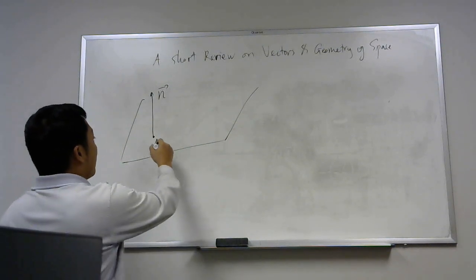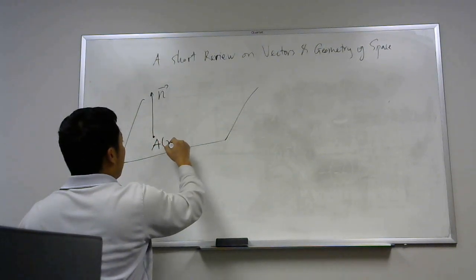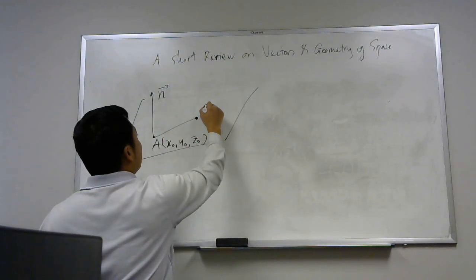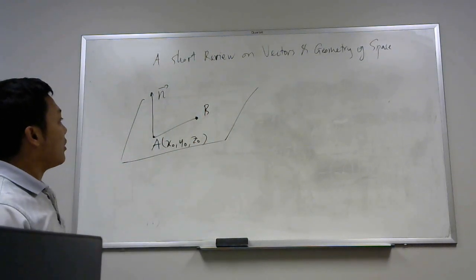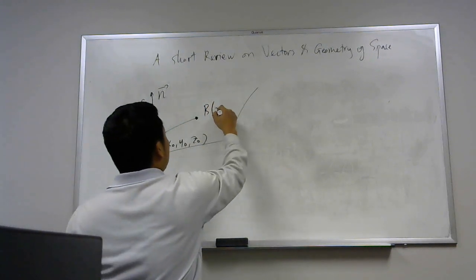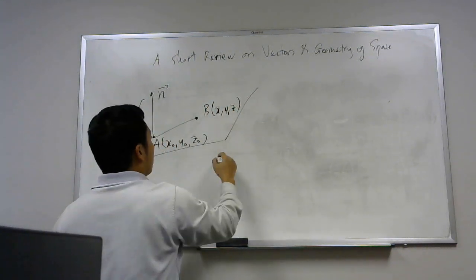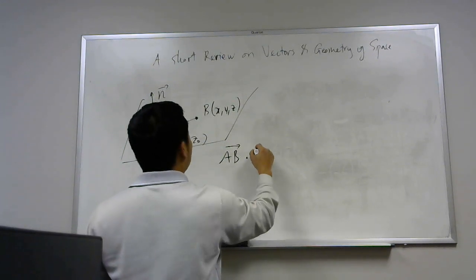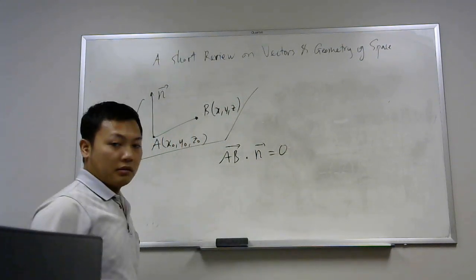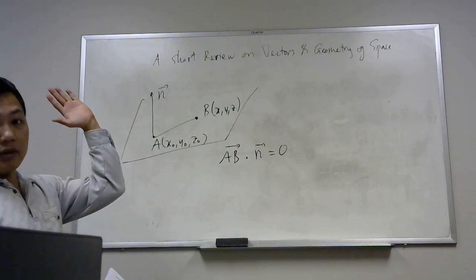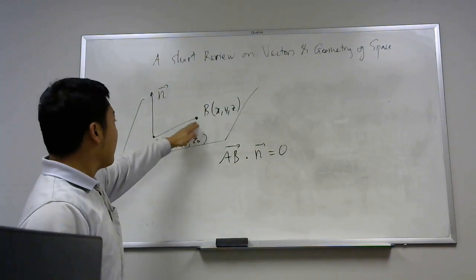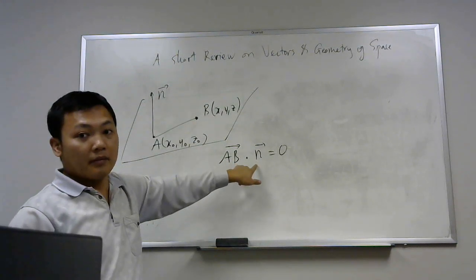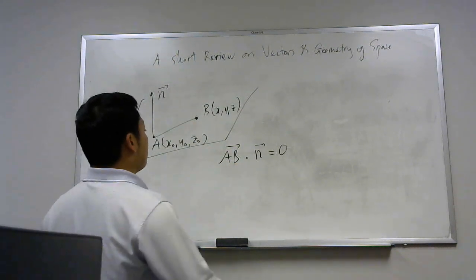Say this is x0, y0, and z0. If you pick any point in this plane, suppose you have x, y, and z. So we always have the vector AB dot product with n equal to 0, because n is the normal vector of that plane. These two vectors are orthogonal, which means the dot product is 0.